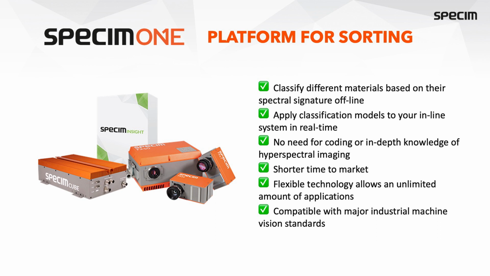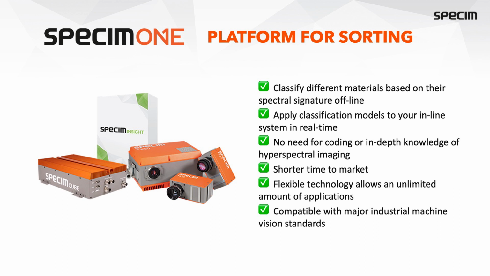Also, because we understood that the further we go into the integration of the technology into the industrial environment, the faster the integration is for you in your environment. So here, it's really a shorter time to go to market because already part of the work is done. It is also a flexible technology which allows an unlimited amount of applications.